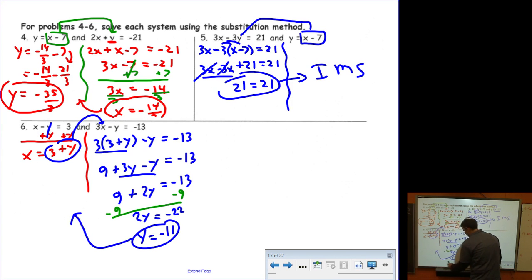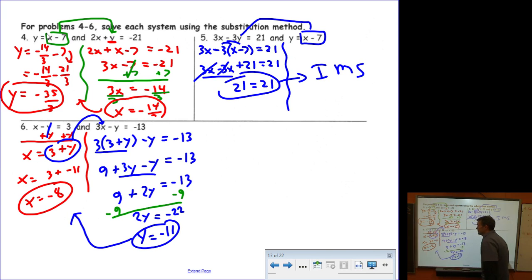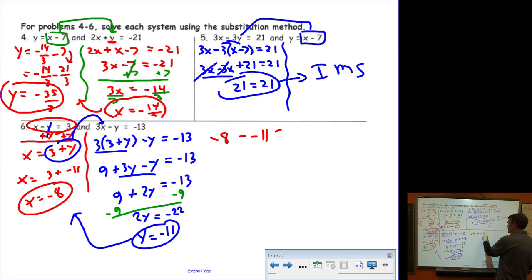So I can go ahead and substitute that in the first equation, and x would equal 3 plus negative 11, which would be negative 8. So x equals negative 8, y equals negative 11. I think I'd like to check that. In this equation, that would be negative 8 minus negative 11 equals 3.